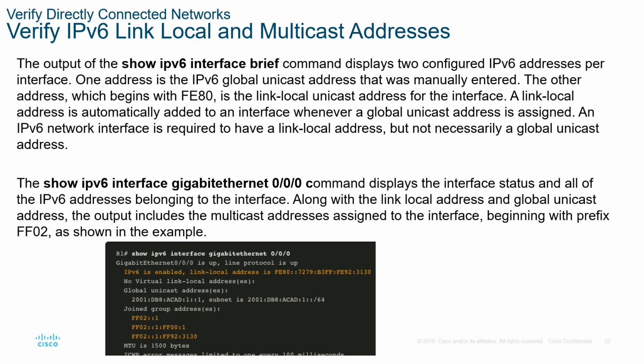It will show if there is a global unicast address and the appropriate groups that it may have joined. Again, FE80 is a link local address, like a private address. A global unicast address is more like a public address. Normally, link local addresses on interfaces are automatic. A global unicast address is not automatic.